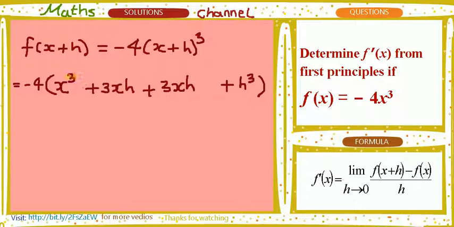When you go this direction, the power must drop from cube to square, so one of these must have a square. You multiply this one, it must be 2 because there are 2 of this here. Then one of each must have a square, so here x has a square, and on this side h must have a square. So this is how you simplify it.